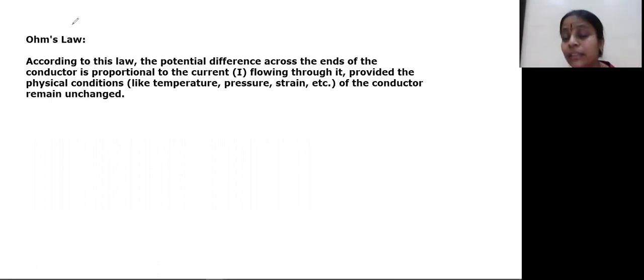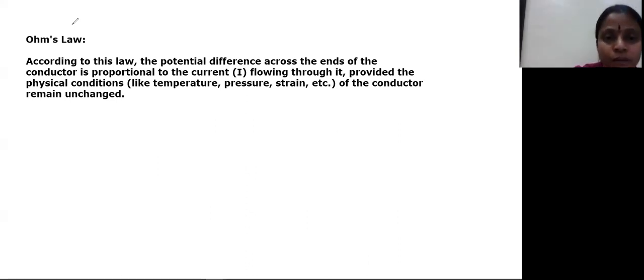But the condition that we are imposing for the current to be proportional to the potential difference is that you have to keep certain physical quantities constant. In lower classes, you would have been told only about the temperature being constant. Now we are going to say that even the pressure applied or the strain that the conductor is subjected to should remain constant for Ohm's law to be obeyed by the conductor.